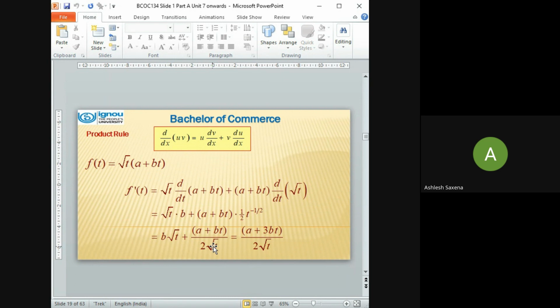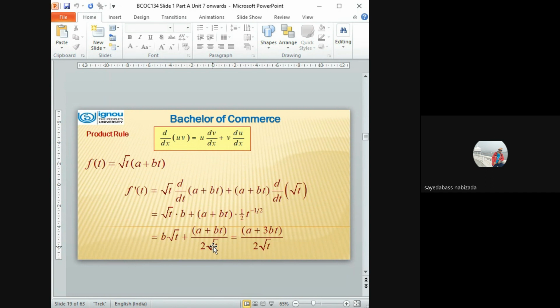There are two functions, under root t into a plus bt. We first keep the first one. For example, we denoted that the root of t is equal to u and a plus bt equal to v. Okay, correct.